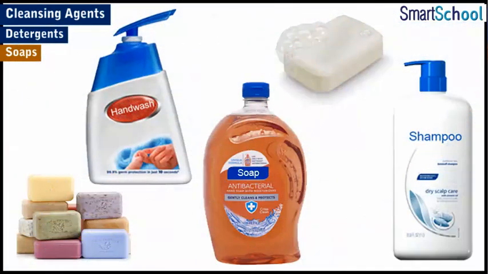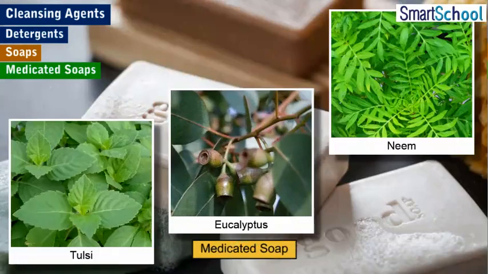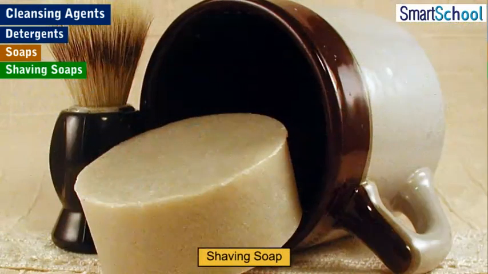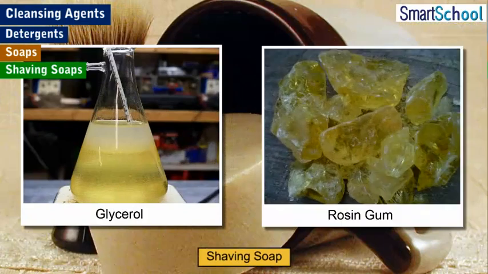Soaps may vary in composition and method of processing. For example, substances of medicinal value are added to medicated soaps. Similarly, glycerol and a gum called rosin are added while preparing shaving soaps.